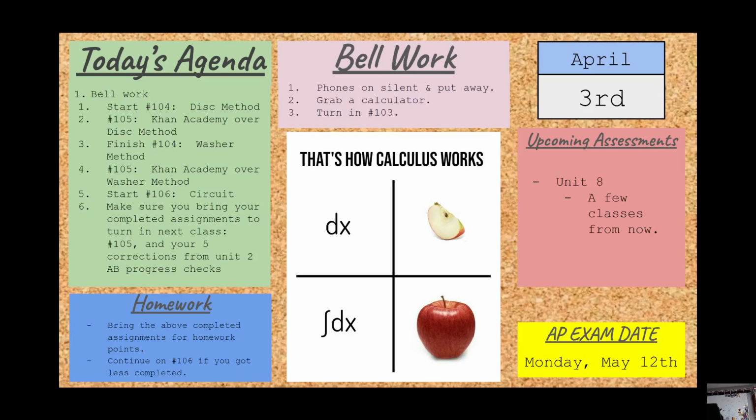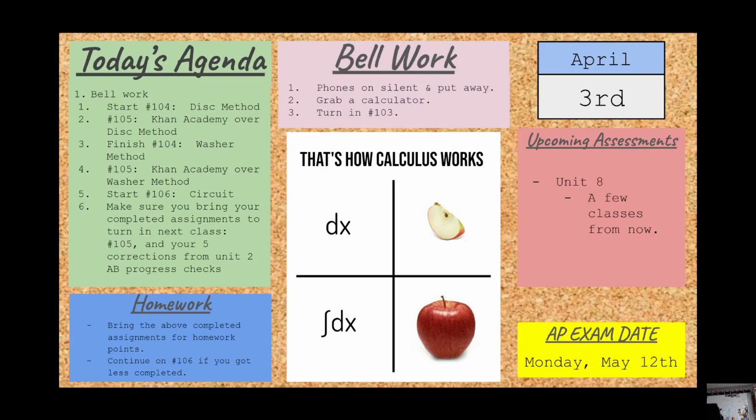And some of you will have it done here in just a minute. But I also want to give you points for your 5 corrections from the second AP Classroom assignment that I gave to you. So again, that was, gosh, I don't know, over a month ago at this point, but I told you I would forewarn you. So you did several progress checks, but 2 of them were from Unit 2.